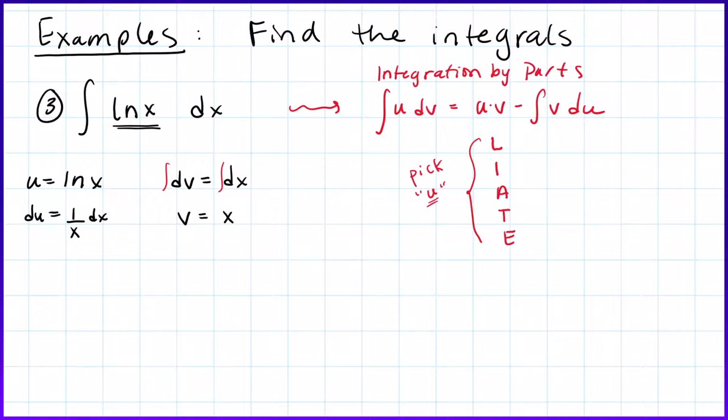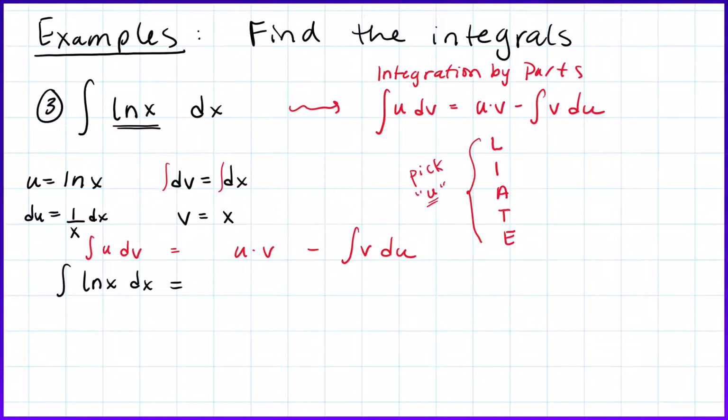Now, we're going to plug those into the formula. I'm just going to rewrite my problem. The integral of the natural log of x dx is the integral of my u dv, and that's going to be equal to u times v minus the integral of v du. The more times we write that, the more likely we will get that formula memorized, and we definitely need that formula memorized and know how to use it.